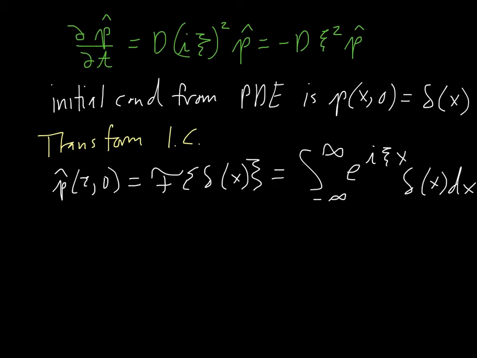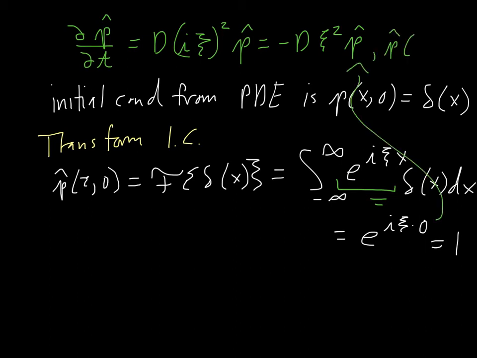They just say take the integrand multiplied by the delta function and pick up the zero term. That's just going to be equal to e to the ic times 0, which is just 1. And so our initial condition is that p hat of c, 0 is 1.